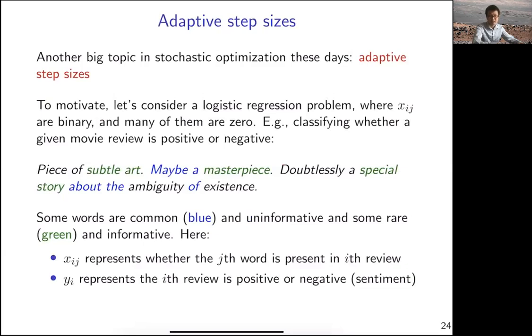Okay, so take this logistic regression problem as an example, and suppose we want to apply this logistic regression to, say, a sentiment classification problem. So you've got movie reviews, and you want to design a machine to read these movie reviews and tell you whether each is positive or negative.